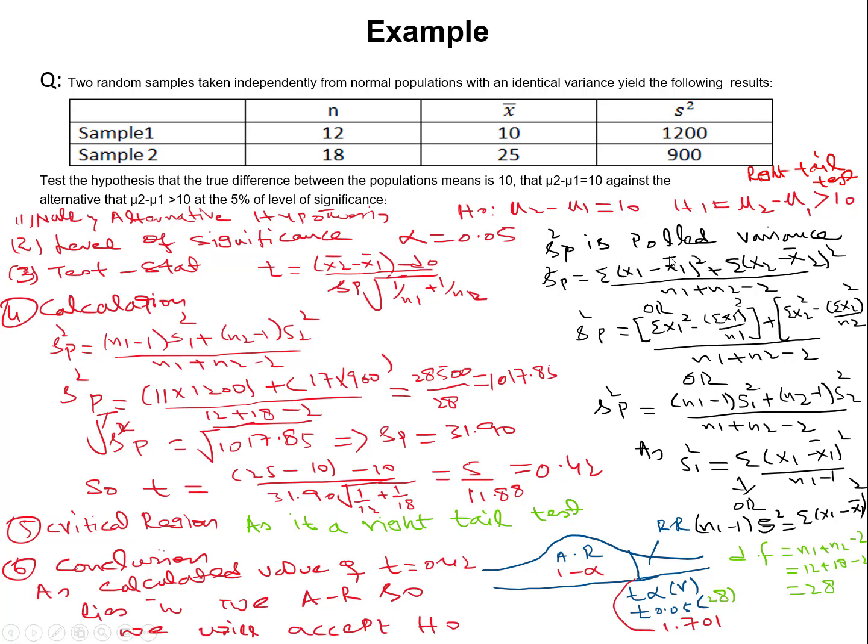Another is summation x1 square minus (summation x1) whole square divided by n1, plus summation x2 square minus (summation x2) whole square divided by n2, all divided by n1 plus n2 minus 2, which is the degree of freedom. If you use this formula, the result will be the same.